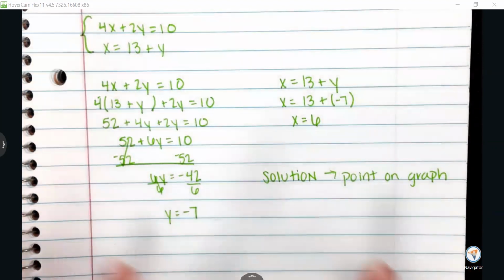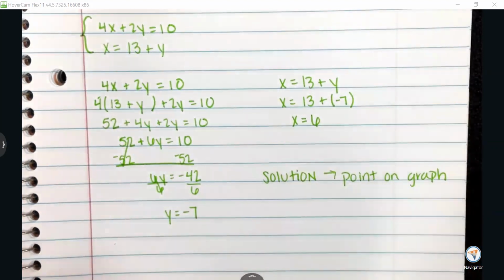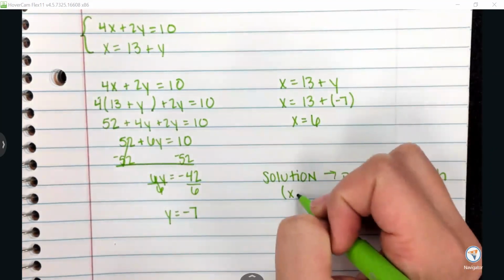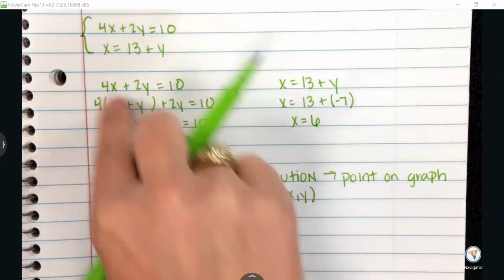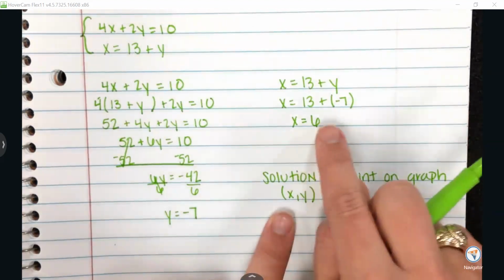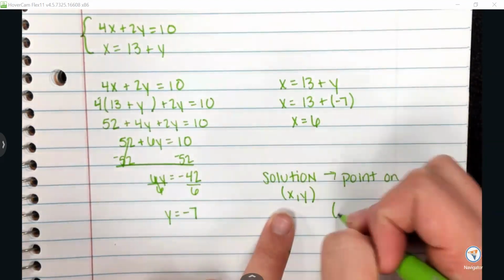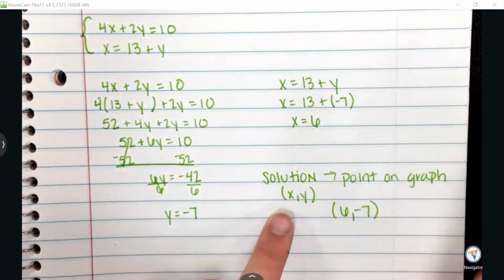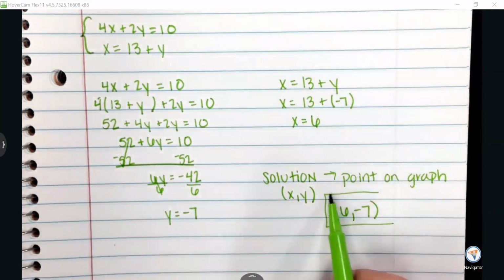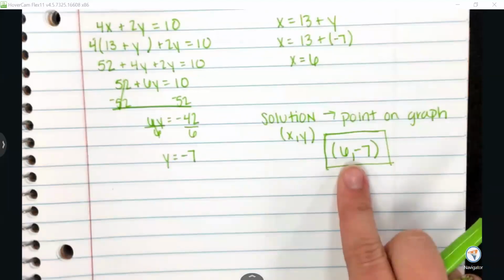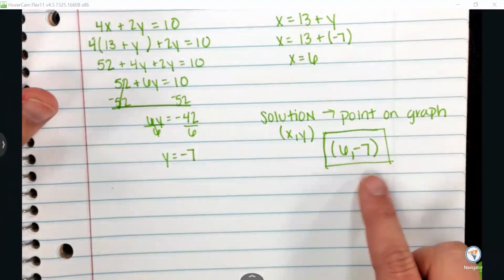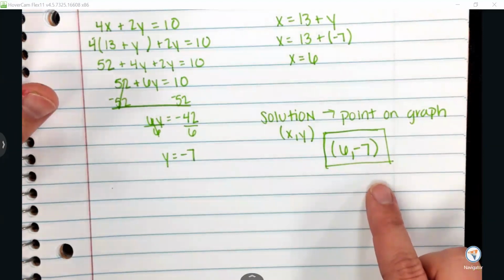And that point is what we just found. X comma y. So where do these two lines intersect on a graph? At 6 comma negative 7. That is my solution. Every x equals 6 and every y equals negative 7.